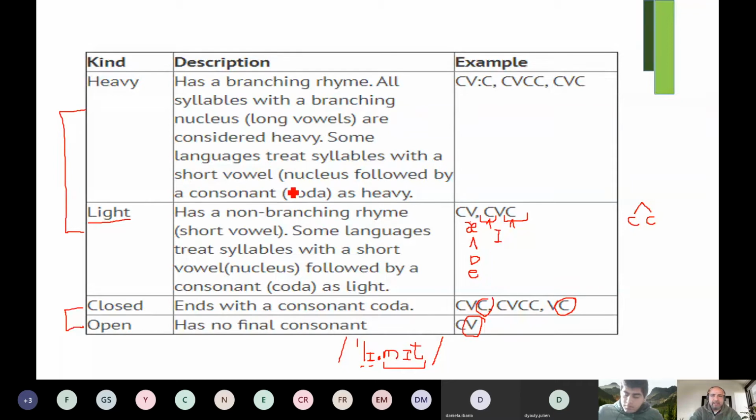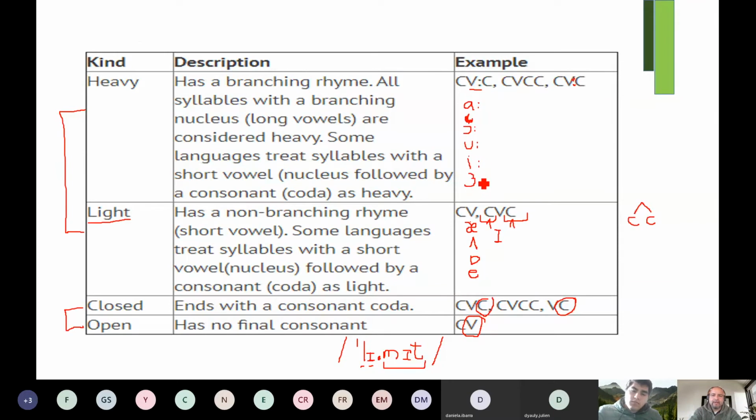In terms of a heavy syllable, it will have as the nucleus a long vowel sound, meaning, for example, o, u, e.